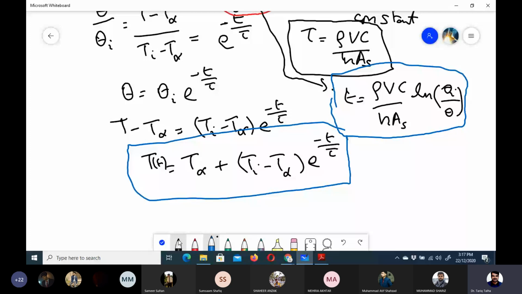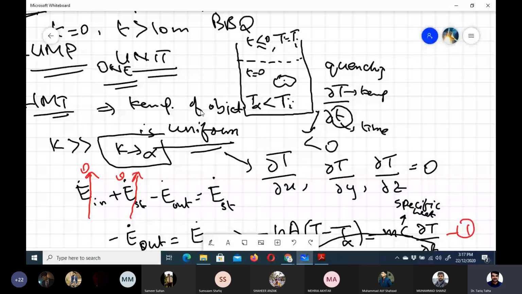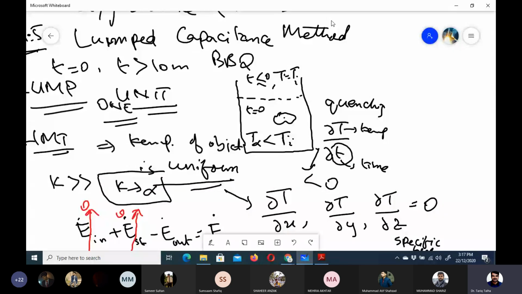Now let me take you to the beginning of this lecture. If you remember, lumped capacitance method was the name of this method. We discussed in the beginning what lumped means: T is uniform inside this object.